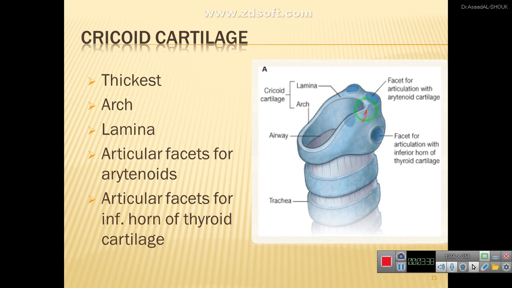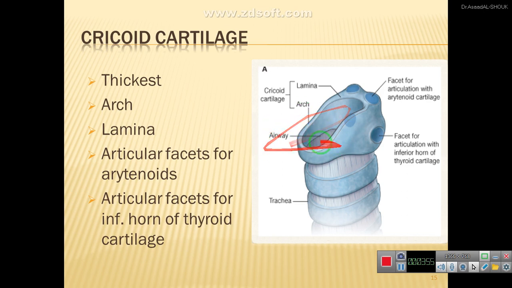The thyroid cartilage, which lies above, and the arytenoid cartilage articulate with the cricoid cartilage by a synovial joint, so that they are freely mobile on each other.